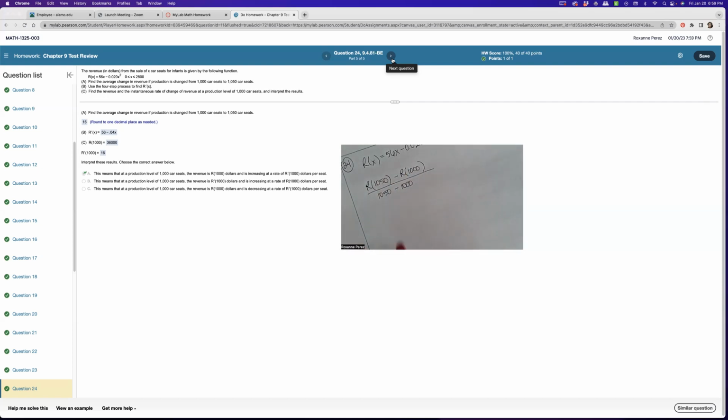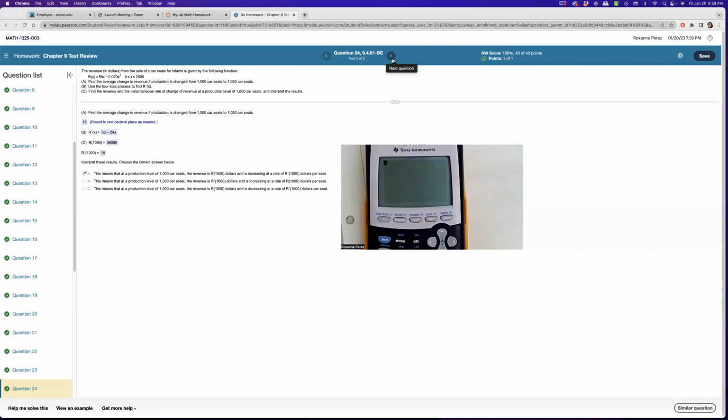Okay, so this is going back to our basic algebra: y2 minus y1 over x2 minus x1. Okay, so we're going to plug in 1050 into our function for x, and we're just going to do that straight on the calculator.